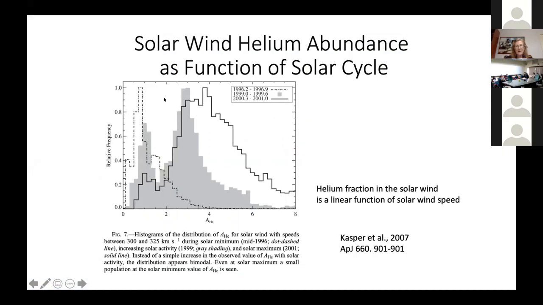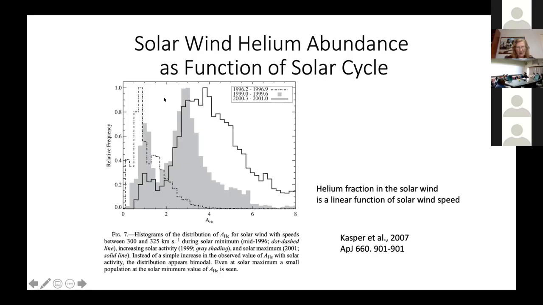So when I was working on this talk, I found this paper by Jasper, Casper, can't remember his first name, but you almost always read that the helium abundance is 4% of the hydrogen in the solar wind, and you can see here that that's not true.